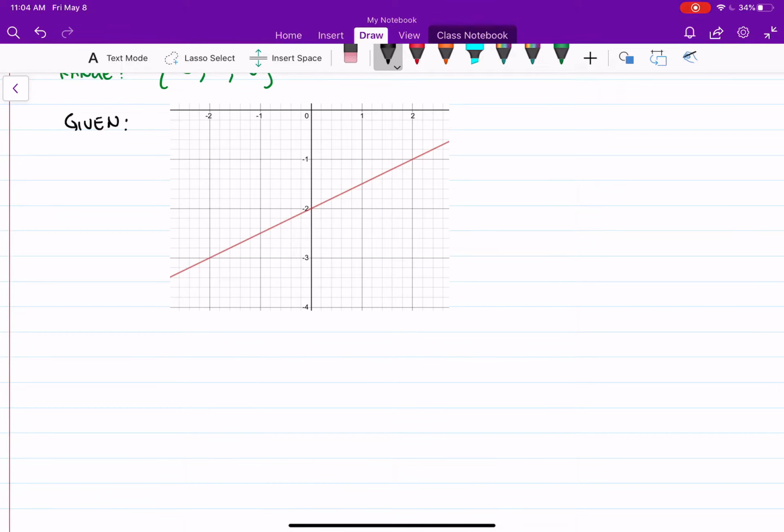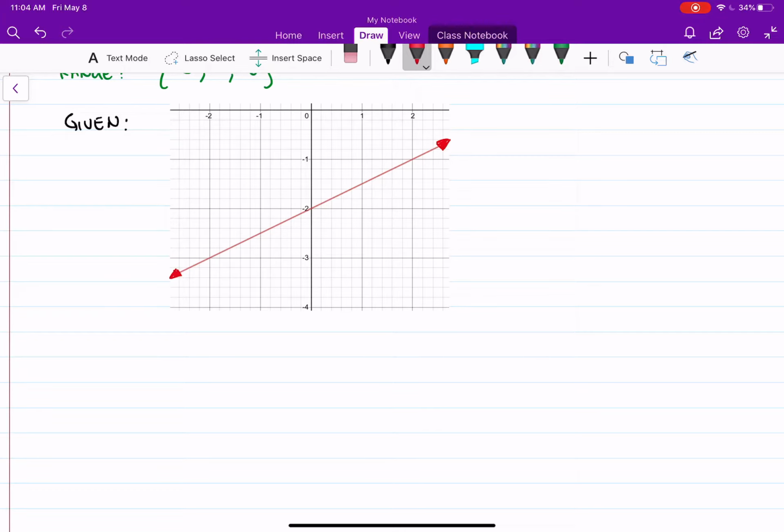Okay, so here's the way I look at it. First of all, in these graphs that you're going to see, it's going to kind of go off the graph. But really what it means is that there are arrows on here to say that it's going to go on forever and ever. Okay?